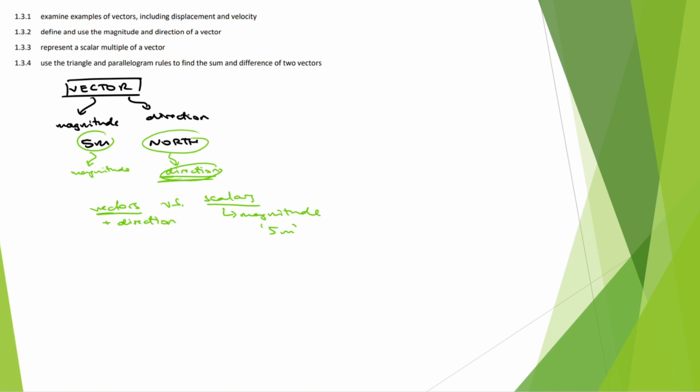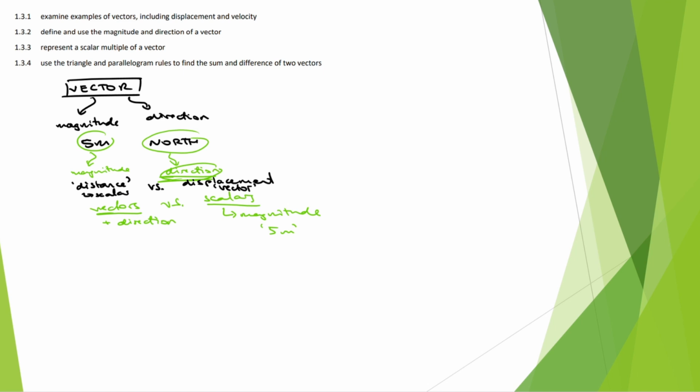In this case, 5 meters is a magnitude, and so 5 meters is a scalar. The way that we label this is distance as a scalar. And the vector equivalent of distance is displacement, which is a vector quantity because it is directional.